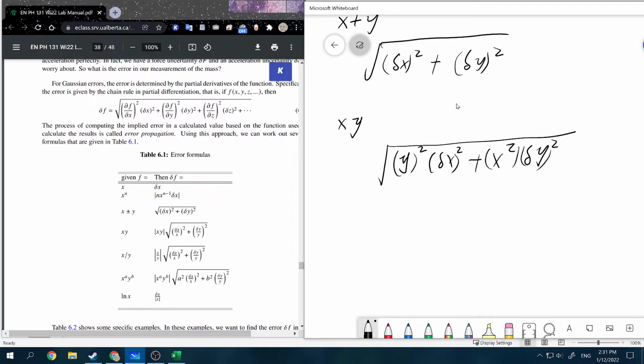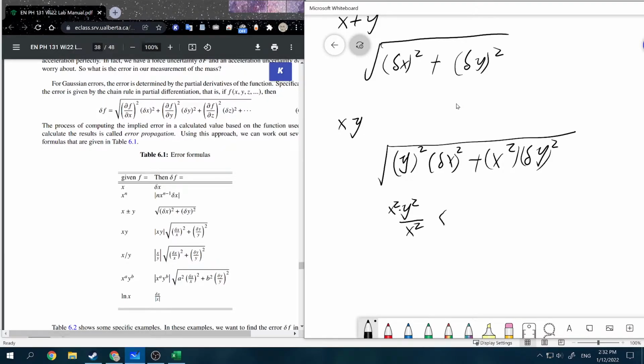For example, you can do y squared over x squared times x squared times y squared, so I just have, like, x squared divided by x squared, that's just going to be 1.